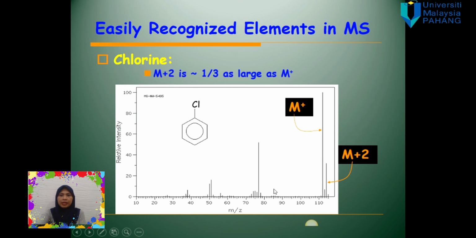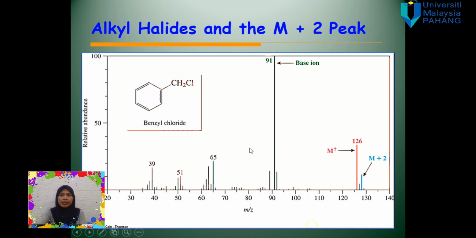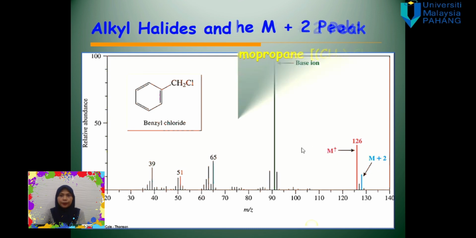Next example, the same: M+ and M+2 with a 3 to 1 ratio, so this shows chlorine in this molecule. The next example is also the same, with a 3 to 1 ratio of M+ and M+2, showing chlorine in this molecule.